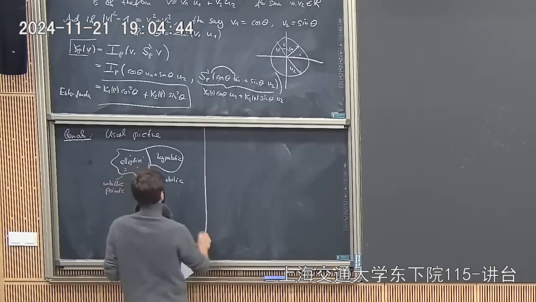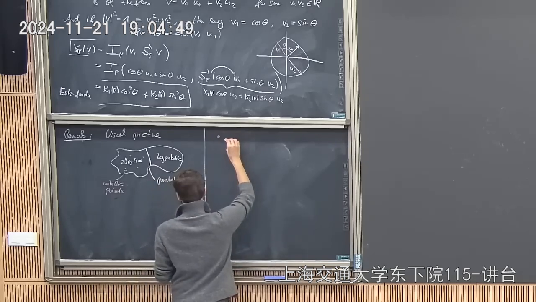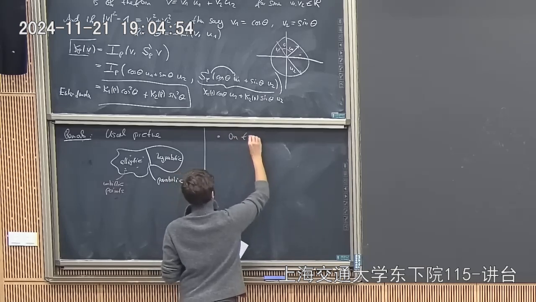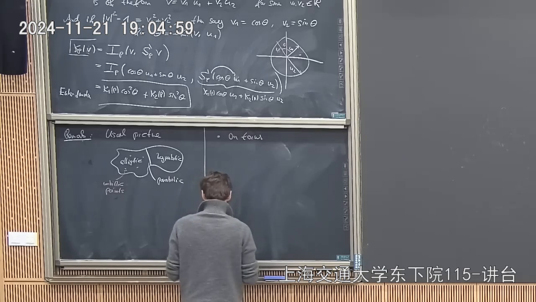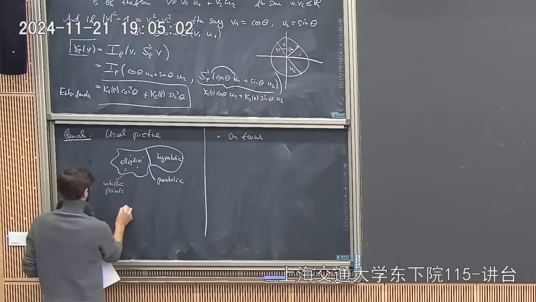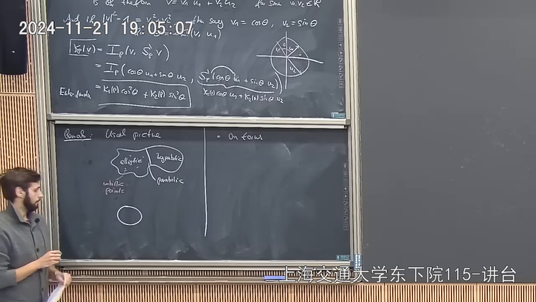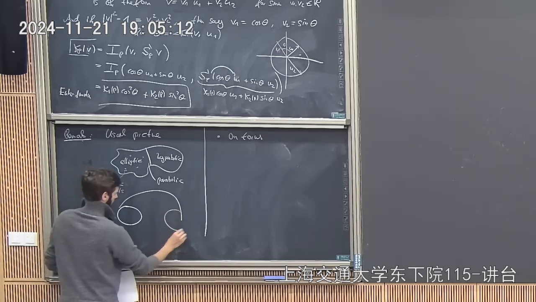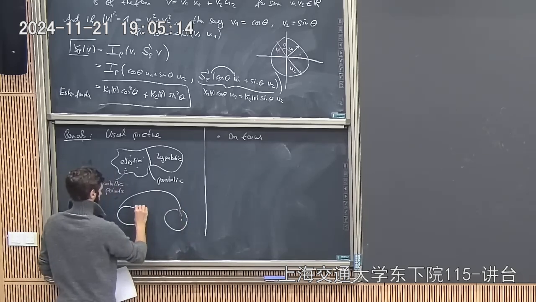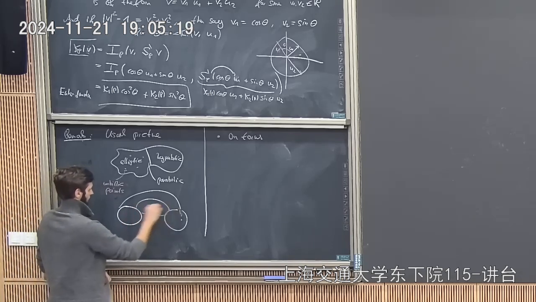A few more remarks: on the torus, it's exactly like this, with no umbilic points. So on the torus, let's make that the question for the break.